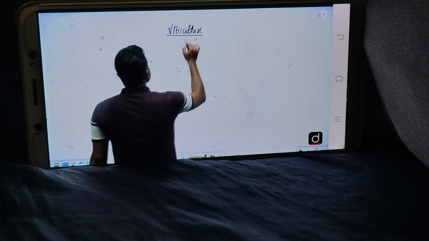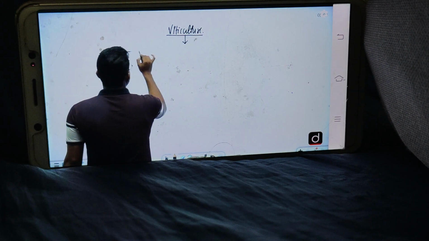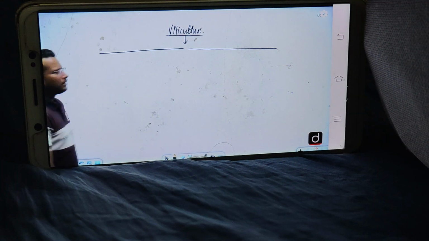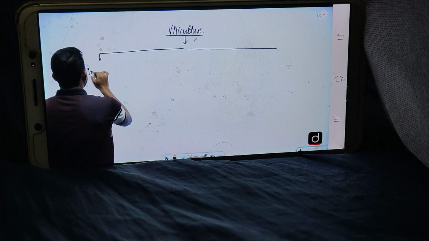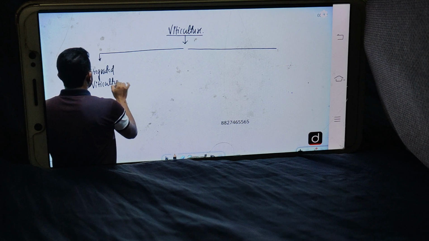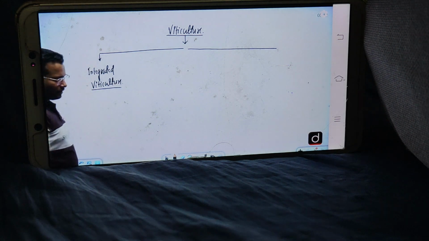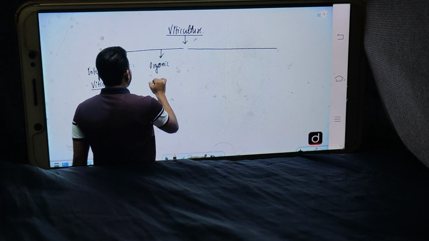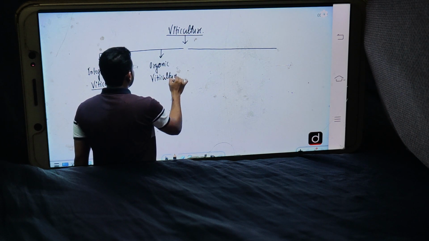Now after meaning, there are several types of viticulture. Like the first one is known as integrated viticulture. The second one is called organic viticulture.